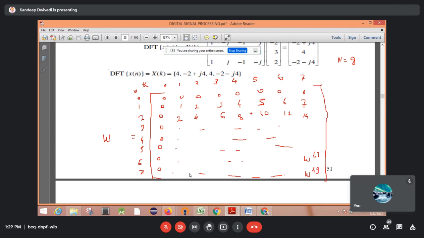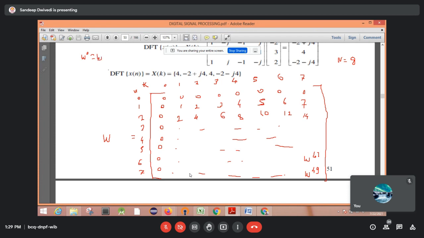This is w raised to power. Okay, as I told you, you need to use the symmetry of the Twiddle factors, that property. Okay, that means what? W raised to power 0 is equal to w raised to power 8.